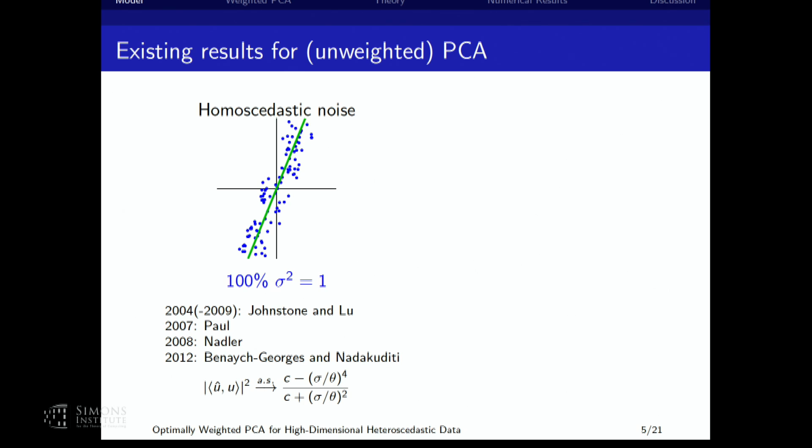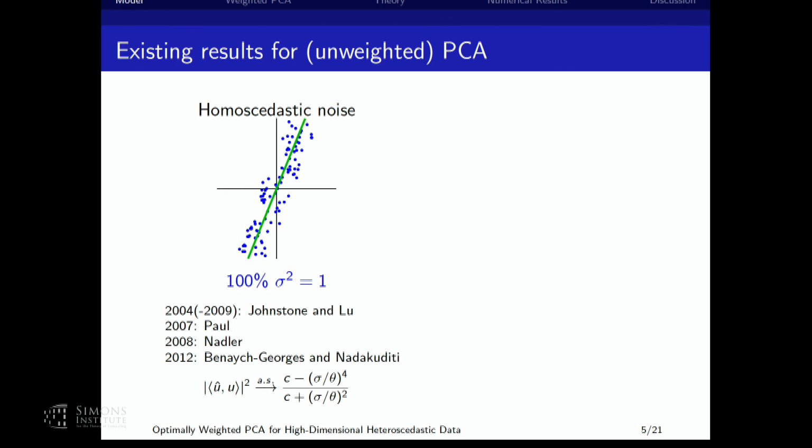What this says is that the principal component from PCA has an inner product with that underlying component that converges as n and d grow to infinity, but with fixed ratio c.